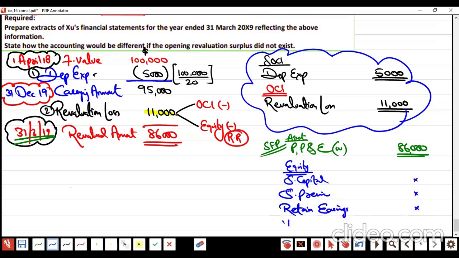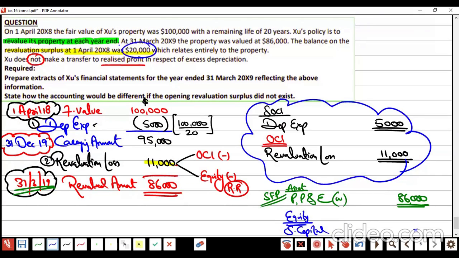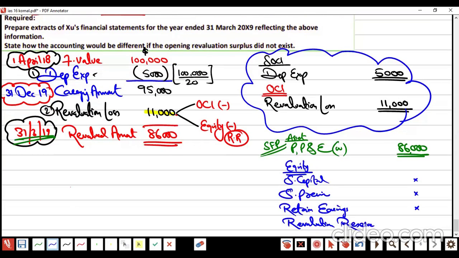And we used to have here revaluation reserve. Got my point? Yeah. How much is the opening balance of the revaluation reserve? Do we have any opening balance? Yeah. 20,000. Okay, it does have an opening balance of 20,000.